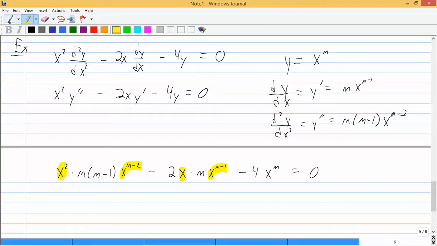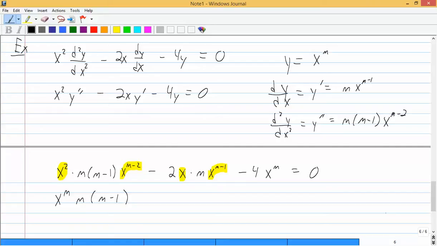Well, we treat those just like we would any number to a power, or any constant to a power, or any variable to a power. If you're multiplying bases, if it's the same base with powers, you add the powers. So what would that leave if I added, if I said 2 plus m minus 2, then I would have just x to the m, right? Because the positive 2 and the negative 2 would cancel out.